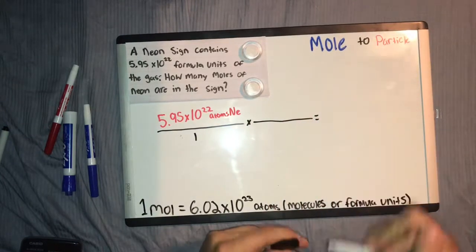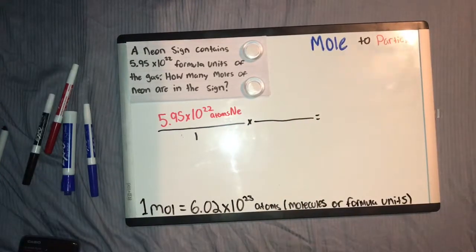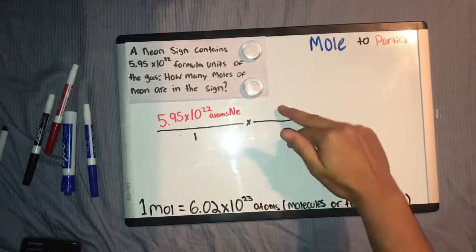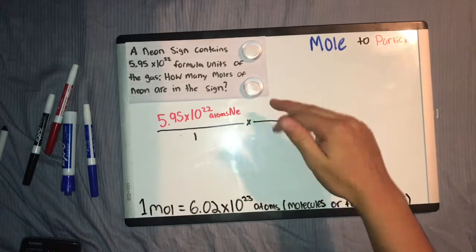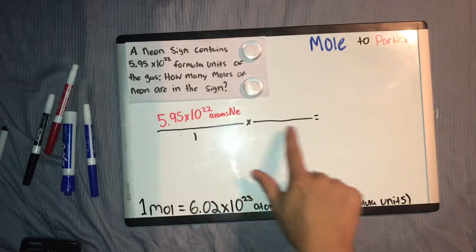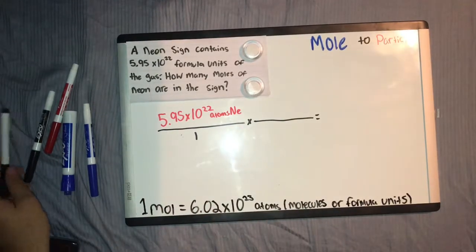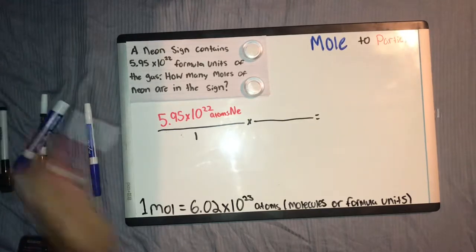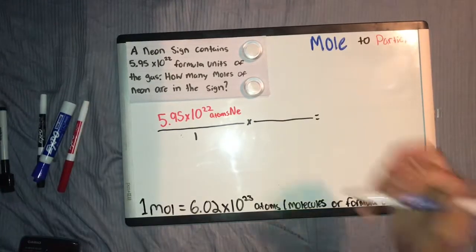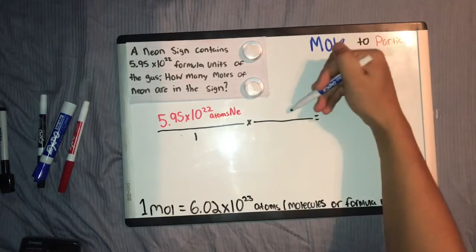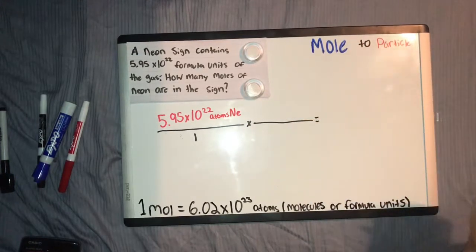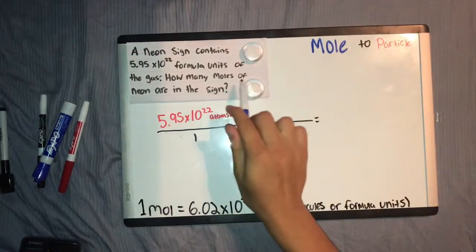Alright, and now we're looking for two things here that are equal to each other that we can relate down here to atoms of neon. So the unit up here will eventually be what we're looking for. So we're looking for moles of neon.